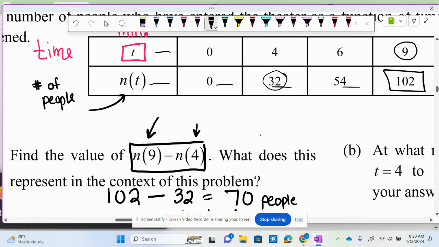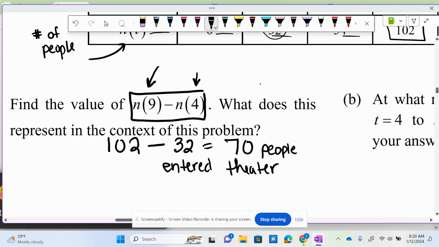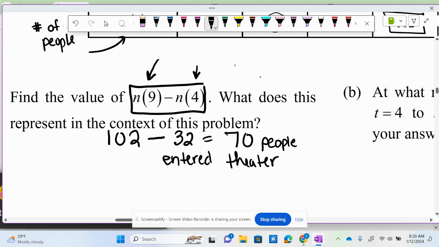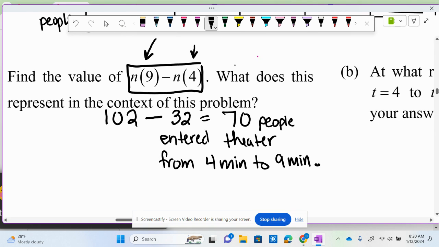In a 5-minute period. From what time to what time? Yeah. From 4 minutes to 9 minutes. That's what it means in terms of the problem. And I'm going to write down what Hayden said. That's 5 minutes. In 5 minutes, 70 people entered the theater.